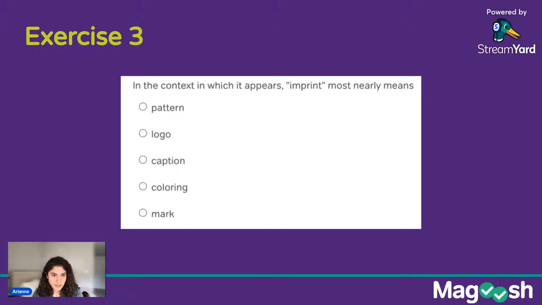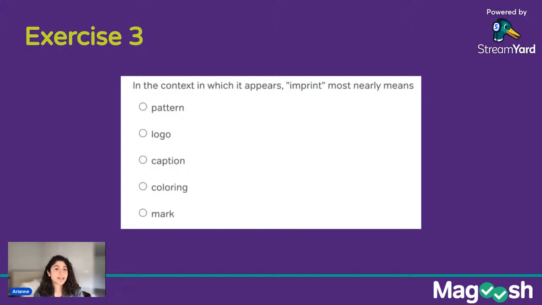For option C, caption. Caption will be a written description or something that goes along with a painting or a visual art. In this case, we don't know if there's any sort of caption for these paintings. Therefore, we have to eliminate it as well. Coloring, same thing, too specific. We don't know any colors.